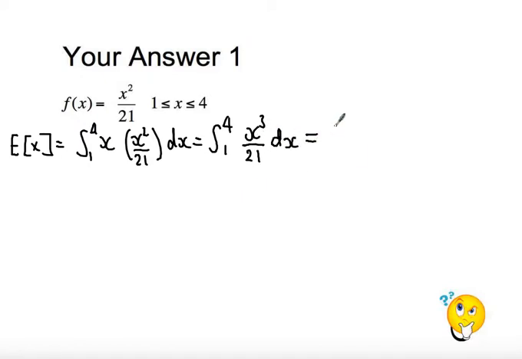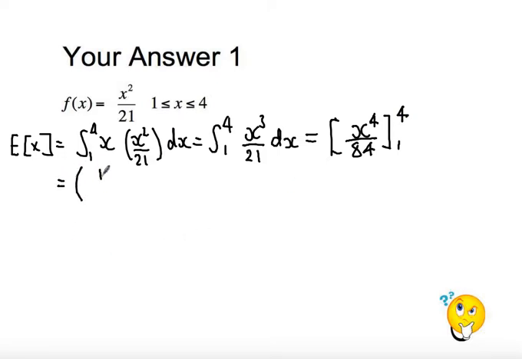So when I integrate x cubed, it raises to the power of x to the power of 4, and then when I divide by 4 I'm going to multiply the denominator by 4, so I get x to the power of 4 over 84. And I'm going to integrate this between 1 and 4. So now let's evaluate the integral.